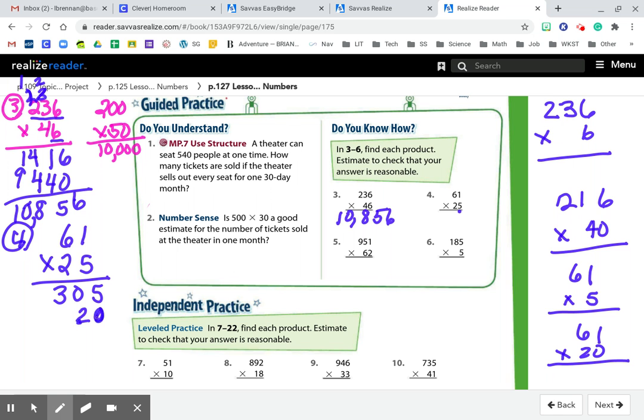And 20 times 60, or 2 times 6, is 1,200, or I can put it 12, because when I do 6 times 2 is 12, it's putting it right in the right place value. So 1,525. And to see if that was reasonable, 60 times, well, we'll round that up to 30, is 1,800. Yeah, that looks reasonable to me.